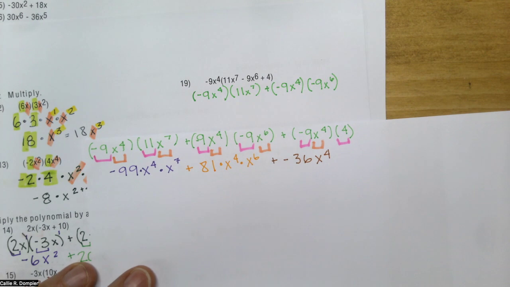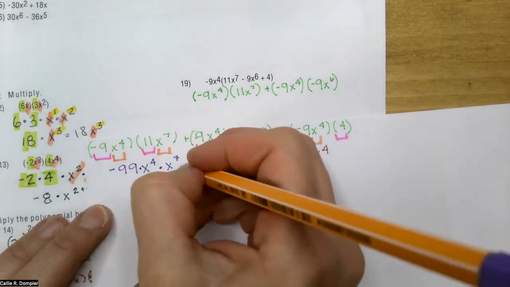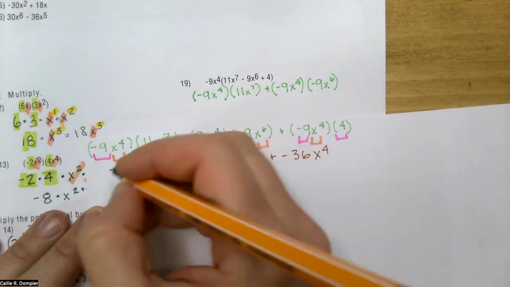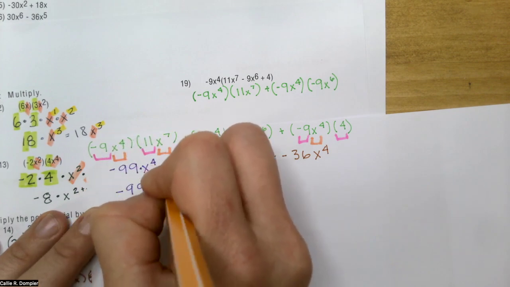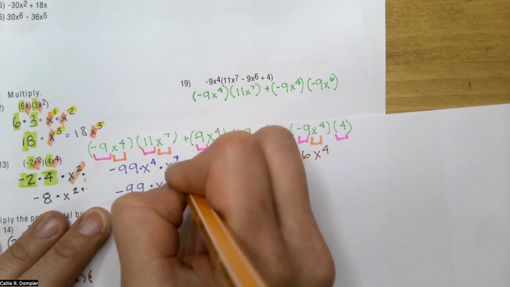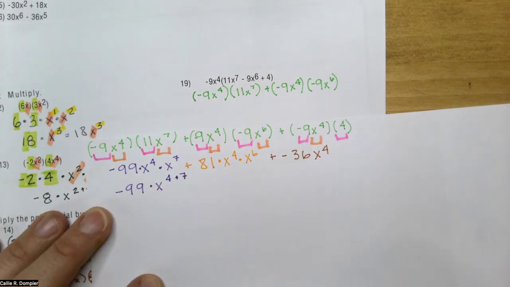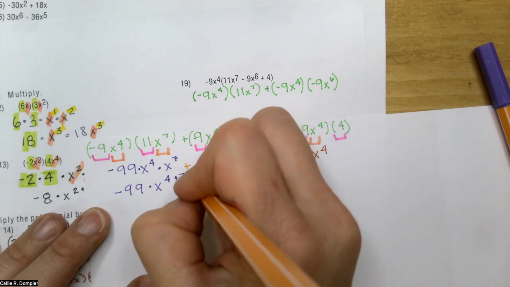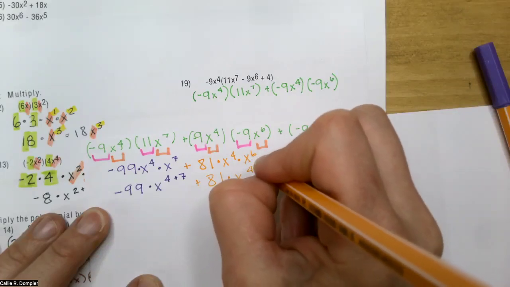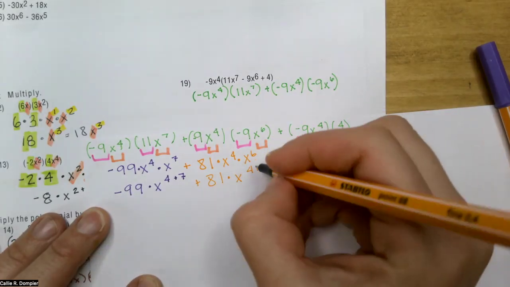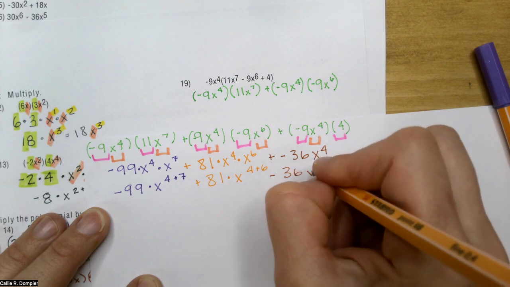Okay, now let's go back and combine those variables. Negative 99 times x to the 4th plus 7th, right? Plus 81 times x to the 4 plus 6, minus 36x to the 4th.